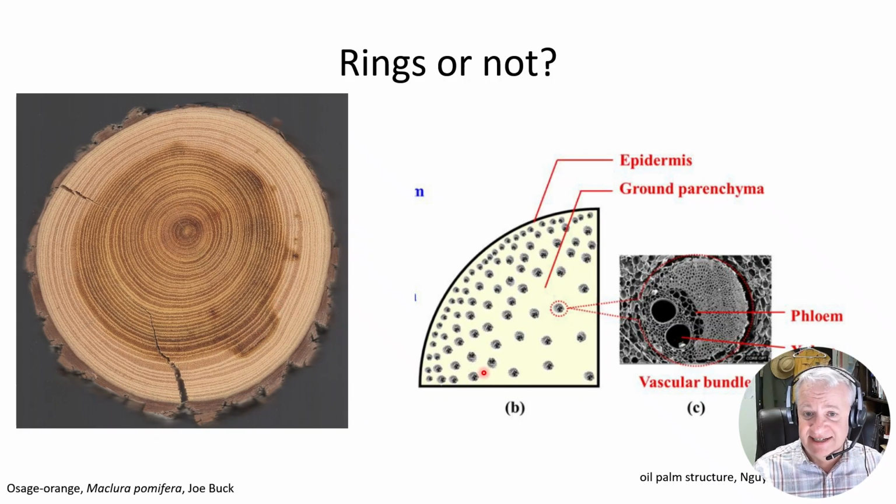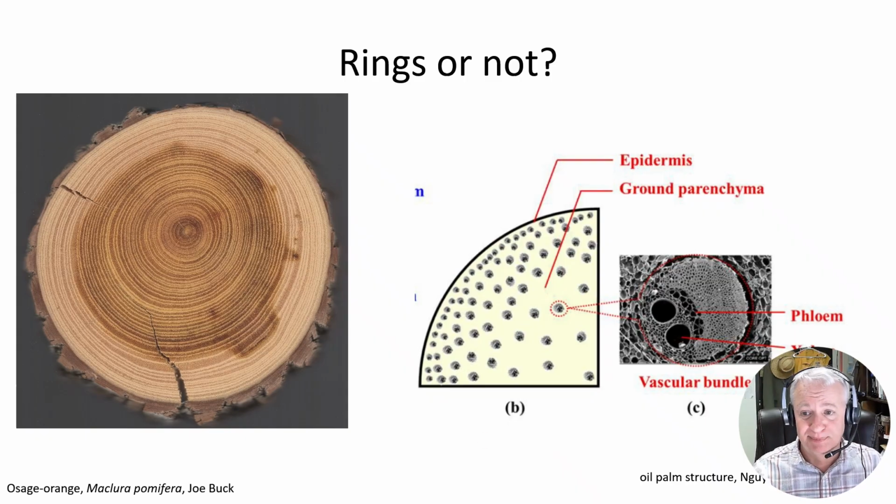If instead the vascular system is distributed across the stem in vascular bundles, then that tells us it's a monocot. In our case, if it's a tree, it's a palm. Okay, so palms are really the only monocot tree that we talk about in this class. So if we have vascular bundles like this, it's a palm. Anything else, if it's got rings, it's a dicot angiosperm.